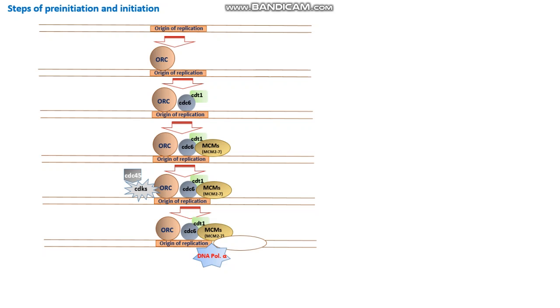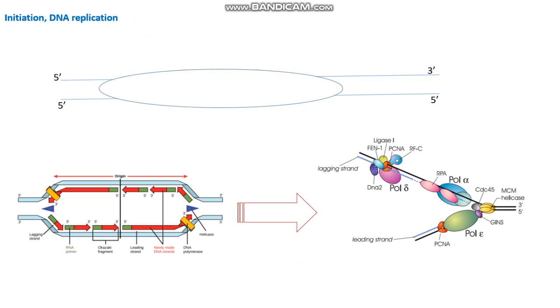I also want to mention that all of these steps take place in the G1 phase, but only from the recruitment of DNA polymerase alpha does it start in the S phase, that is the initiation.